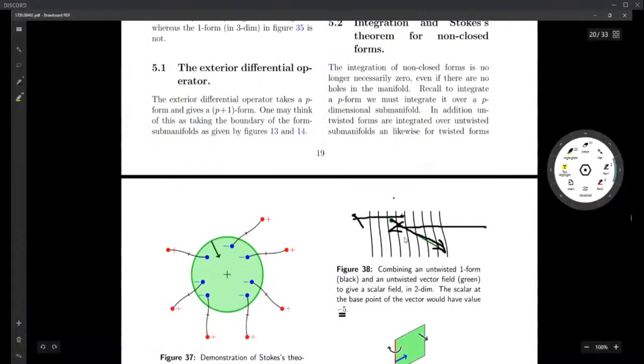See, we said that if it's untwisted, it doesn't mean that it isn't oriented. An untwisted one form is essentially an exterior oriented one form. So we see that the orientation isn't like this, the orientation is this way. Again, we are trying to visualize this.